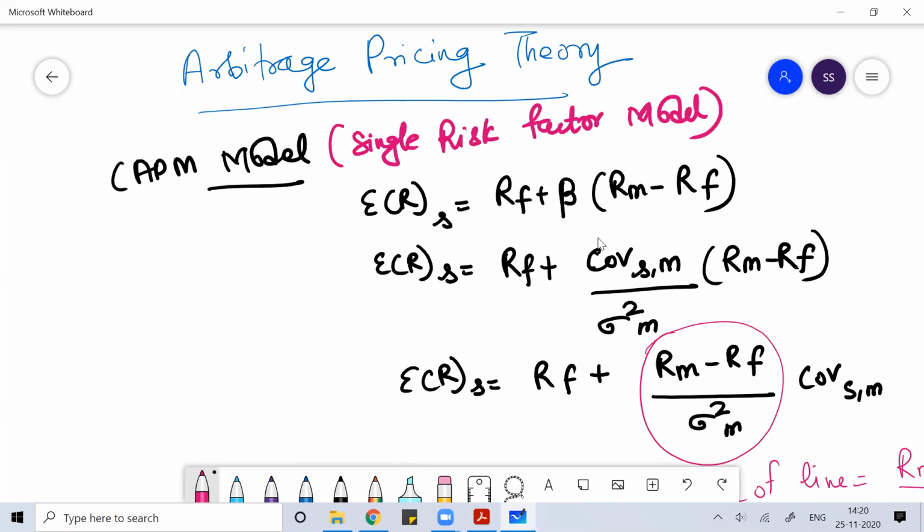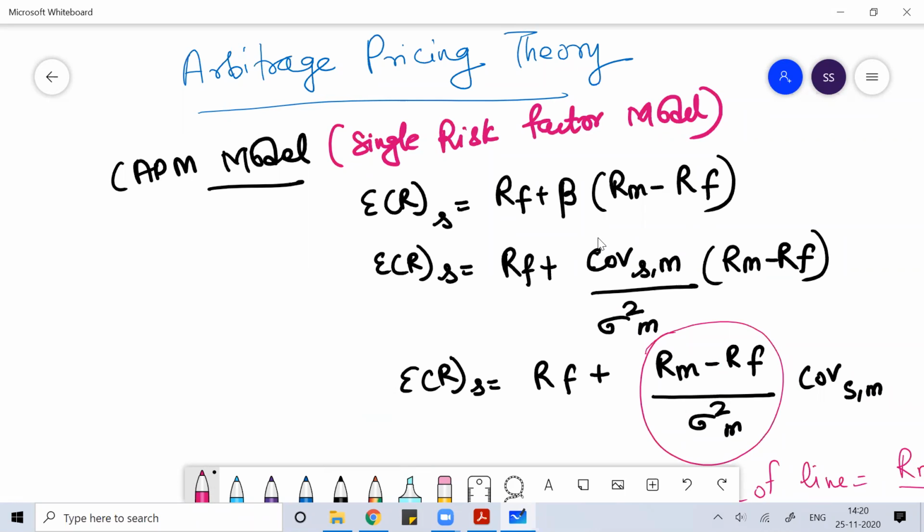So when we talk about the CAPM model, we are discussing a well diversified portfolio. In a well diversified portfolio, there is no possibility of unsystematic risk, because the risk which a security has can be systematic or unsystematic.